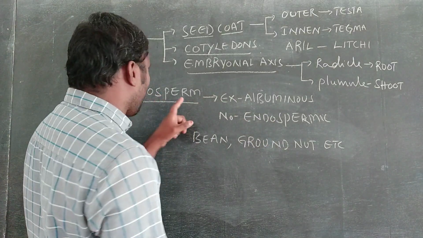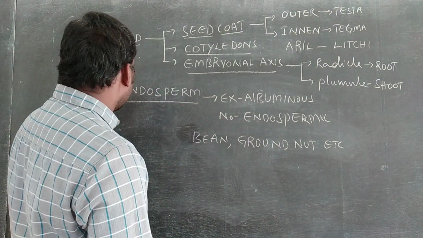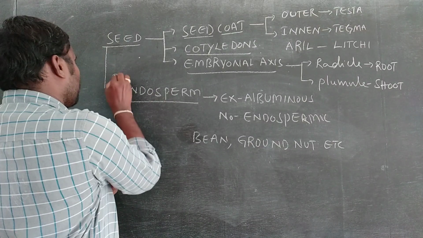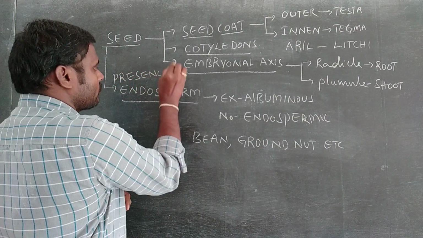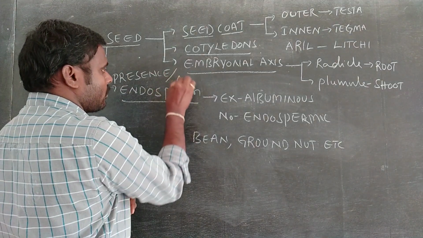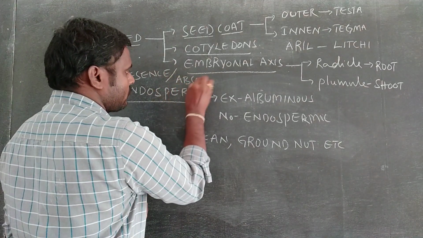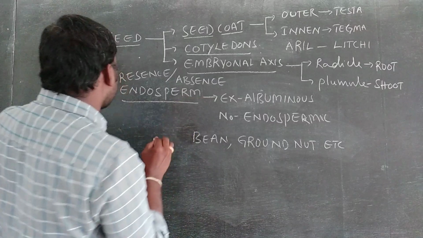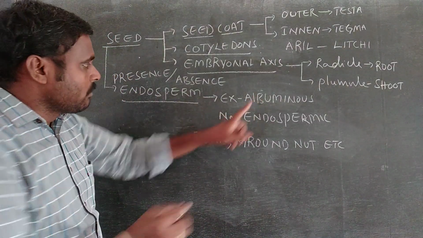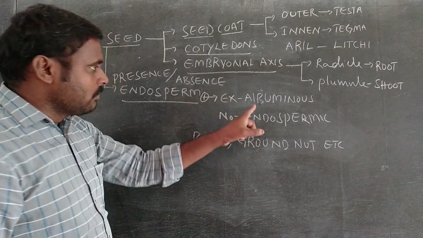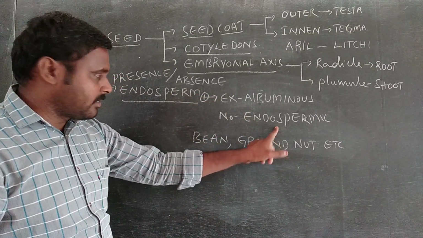Based on the presence and absence of the endosperm in its seeds, seeds are two types. The first one is exalbuminous or non-endospermic seeds, already explained.